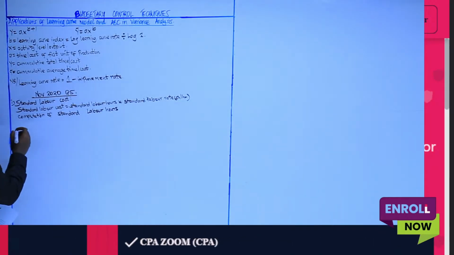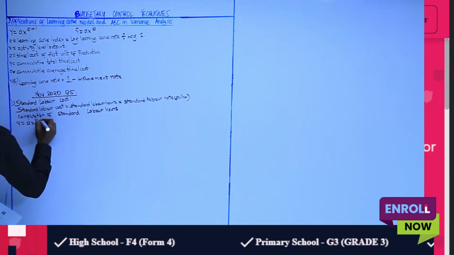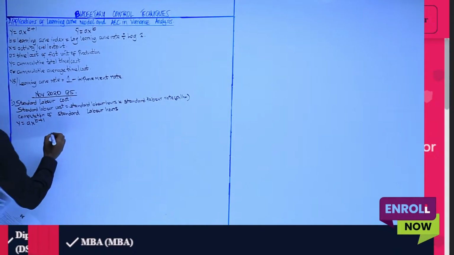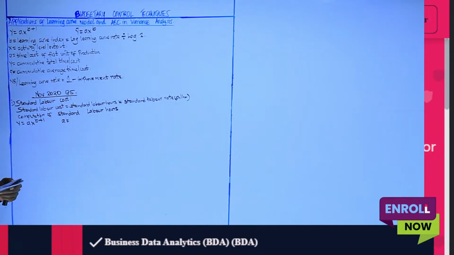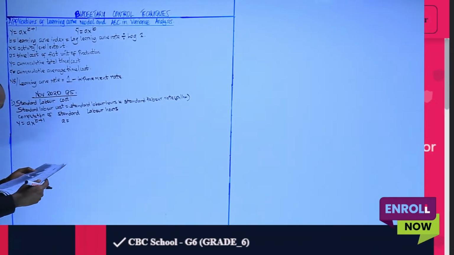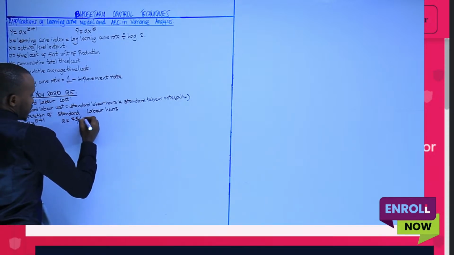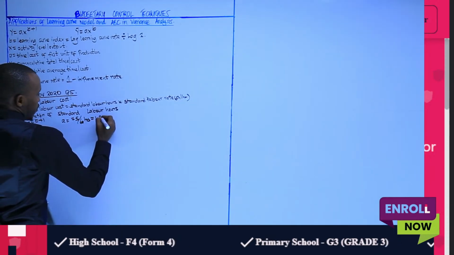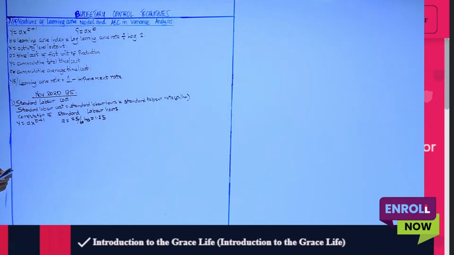Your labor hours will be given by aX^(b+1), where a is the time for the first unit, and the time for the first unit is 75 minutes. 75 over 60 hours, which is 1.25.